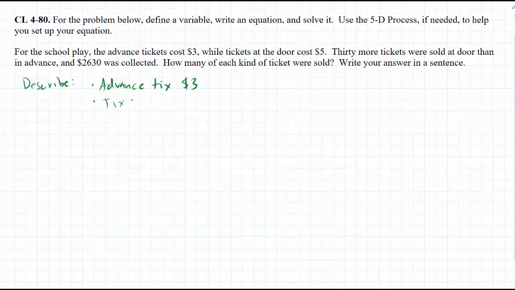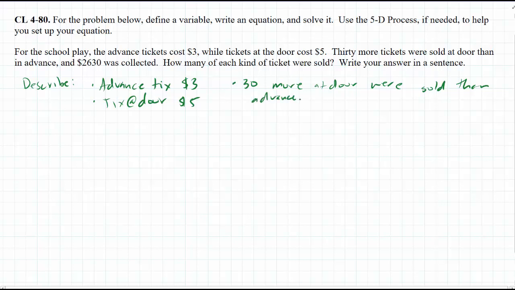Tickets at the door were $5. 30 more at door were sold than advance.